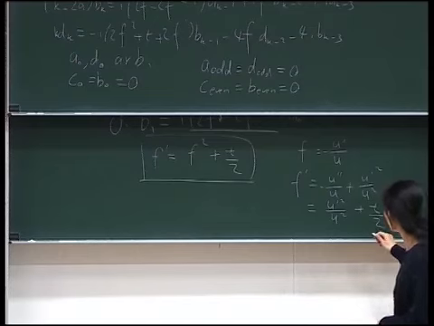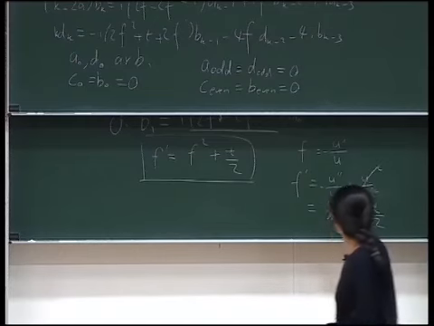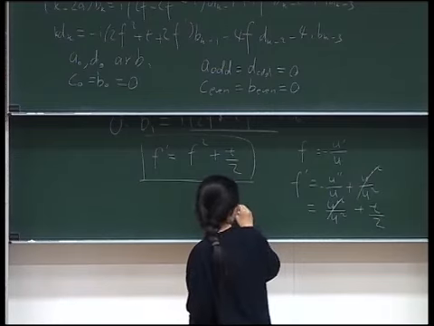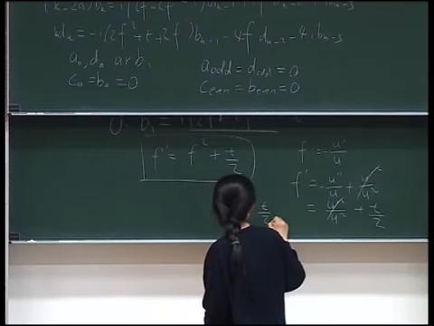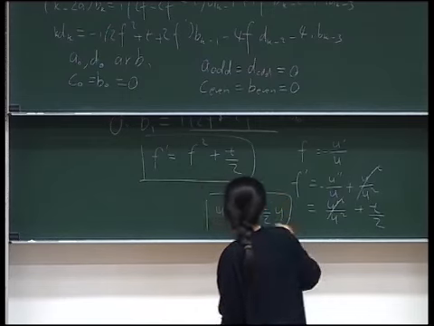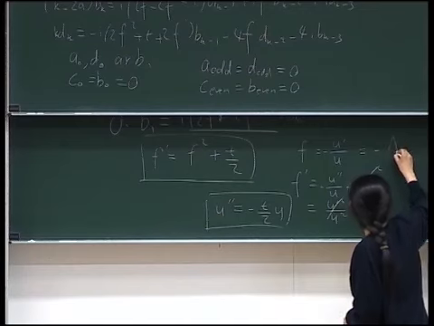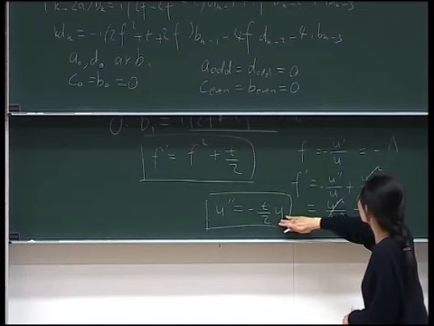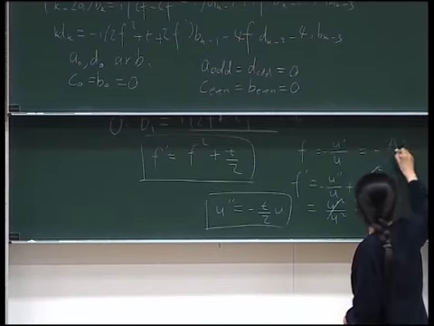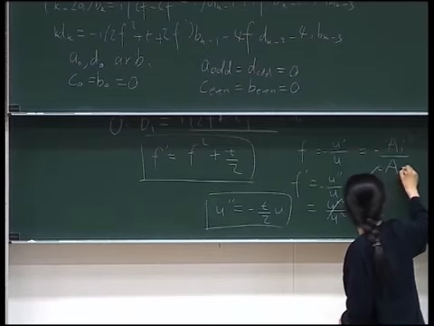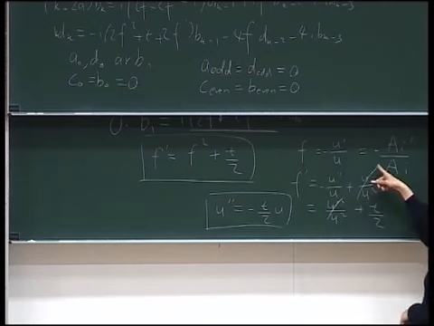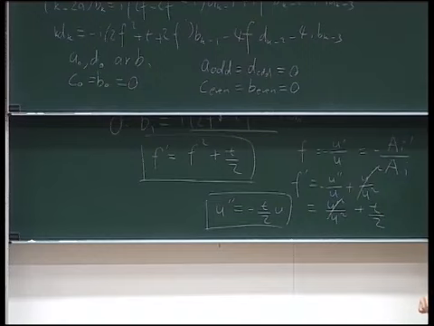so what happens? This and this cancel. It says that u is equal to minus t on 2u. So f is equal to an Airy function. So f can be expressed in terms of Airy special functions.